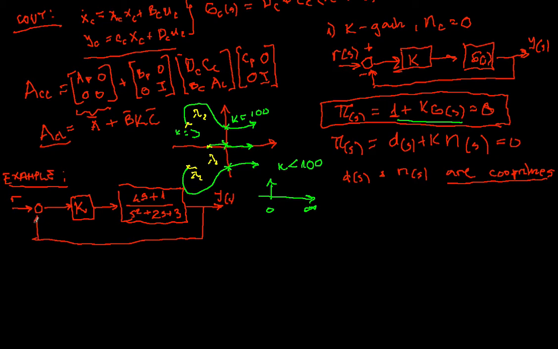closed loop system representation. This is plus, this is minus, and the characteristic polynomial is the way to check the stability.